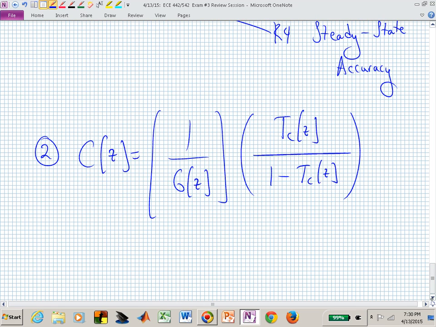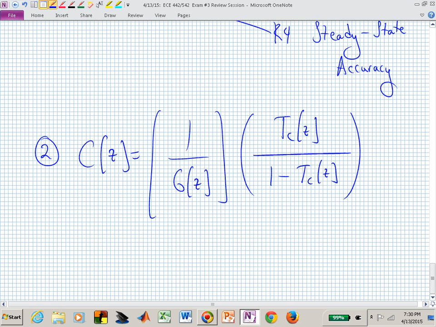And on the exam, I may not have you find C of Z. That's kind of a straightforward process. The more important part is finding capital T sub C of Z. So unless I say find the controller, you probably aren't going to be asked to find the controller.